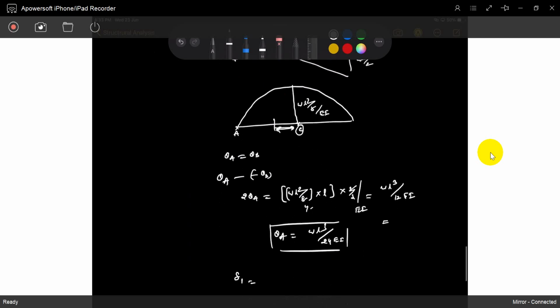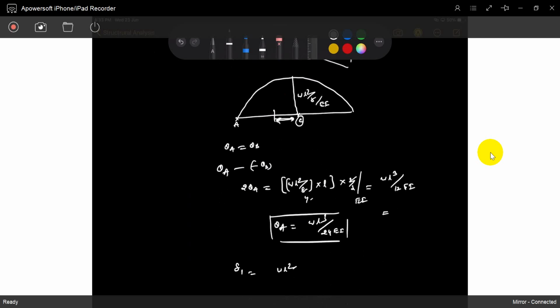Write it: WL square by 8EI. This is L by 2, this is L by 2, and out of that it is 2 by 3, that is the total area.